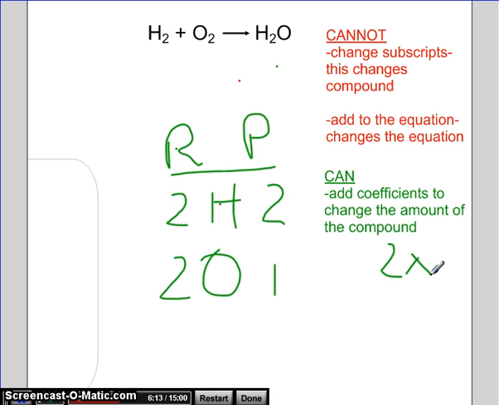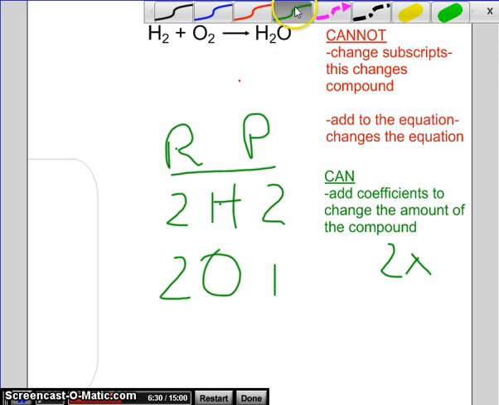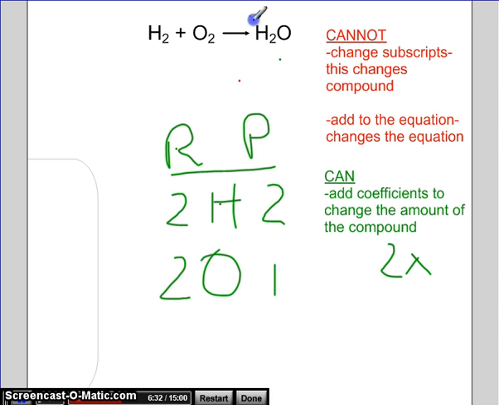Okay, so I look at where I'm lacking. I'm lacking in the oxygen on the product side. So I cannot put a 2 right in between that because it's got to go in front. So I'm going to put a 2 in front of the H2O.